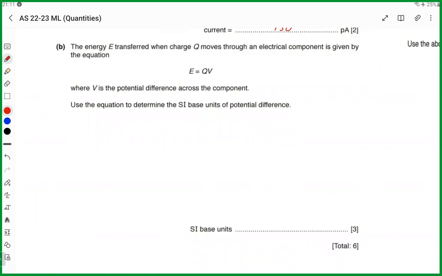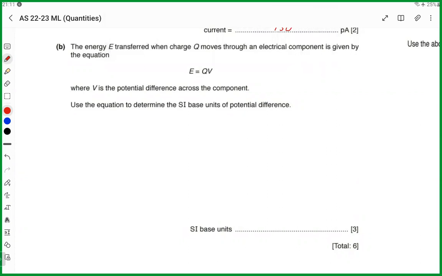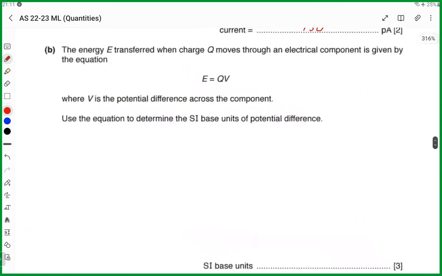The energy E transferred when charge Q moves through the electric component is given by the equation E equals to charge into electric potential, where V is the potential difference across the component. Use the equation to find the SI base unit of potential difference. So potential difference, first make it the subject of formula. V equals to E over Q. So E, energy.